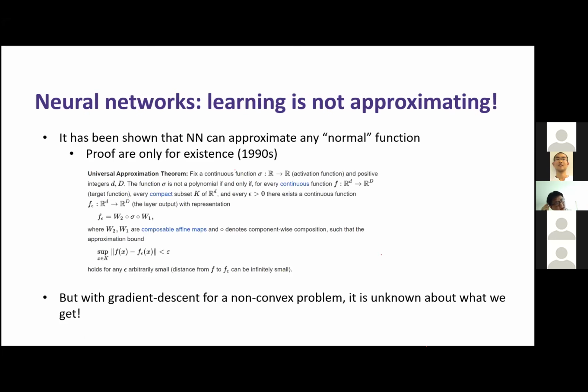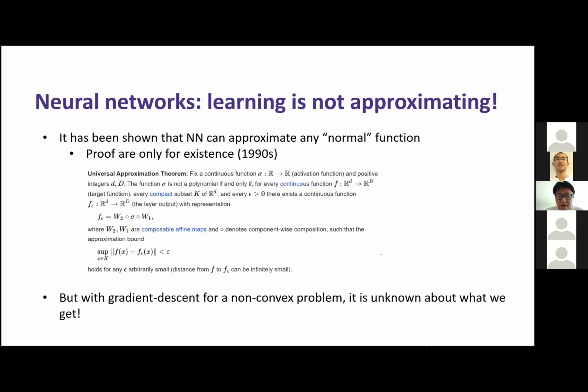Next, I want to take a little detour into a quite hot topic in deep learning communities two years ago. It is about learning versus approximating. It has been shown that a neural network can approximate any kind of normal function, but that only tells you about existence.